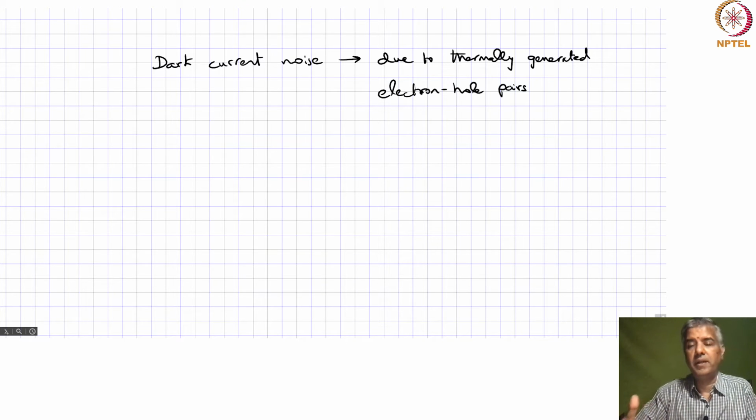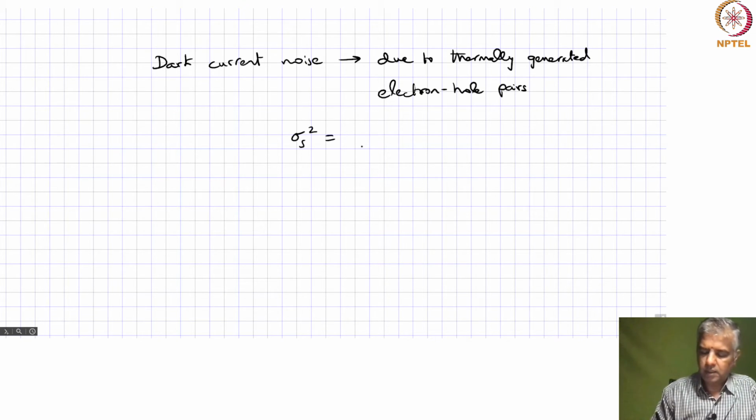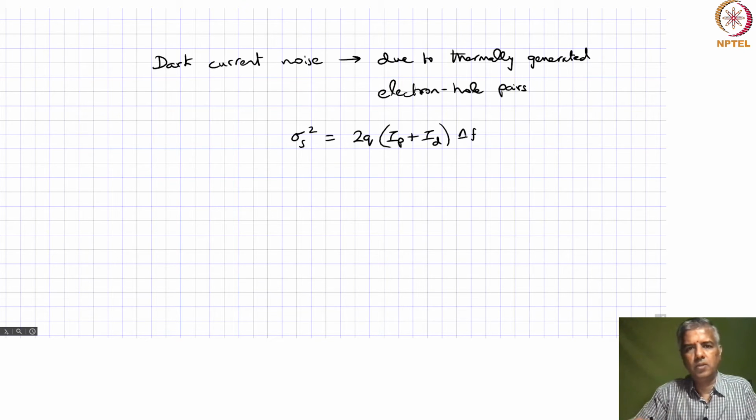So that's a very nice way of making sure the dark current has a relatively low value. But if you include this in the expression, we say that the shot noise variance is not just I_P, plus you have this I_D which corresponds to the dark current noise as well.